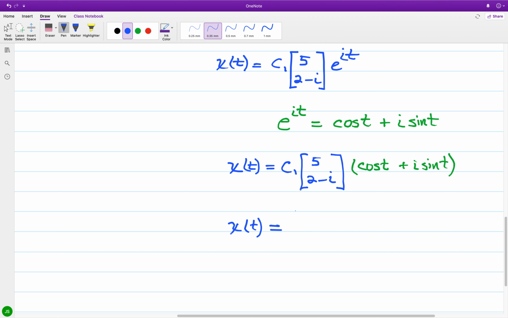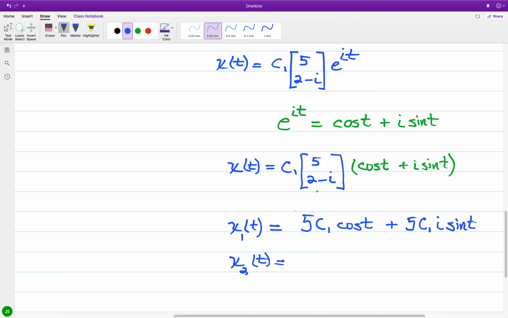At the top layer, we have x of 1 of t is equal to 5c1 cosine of t plus 5c1i sine of t. And for the lower portion, we have x of 2 of t.